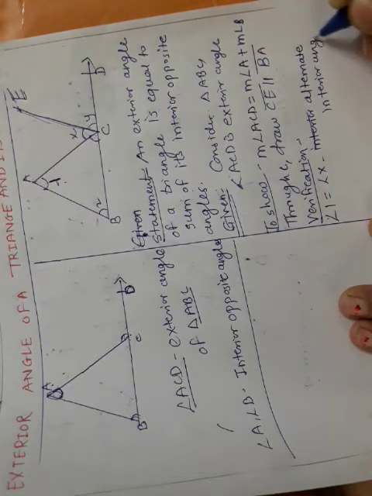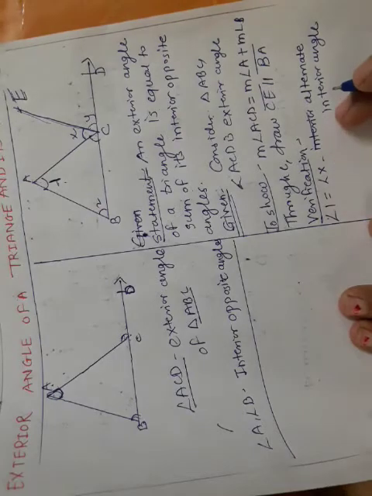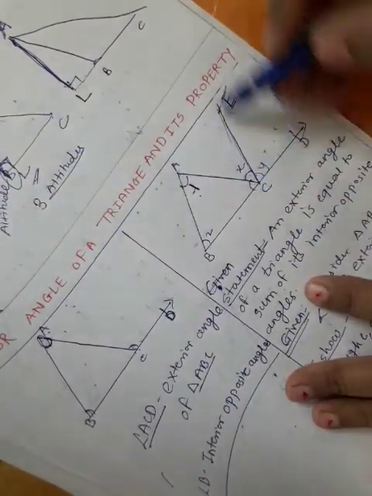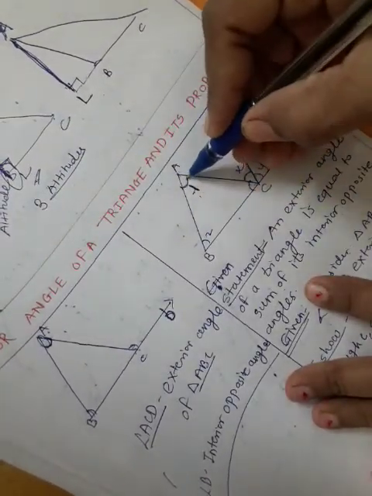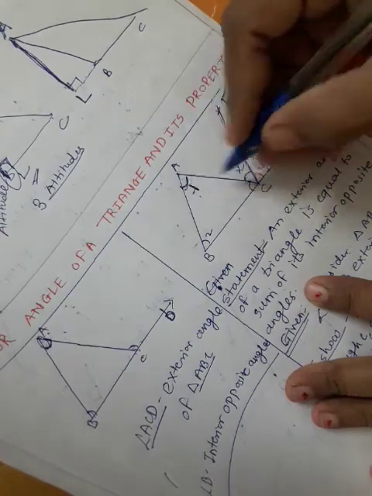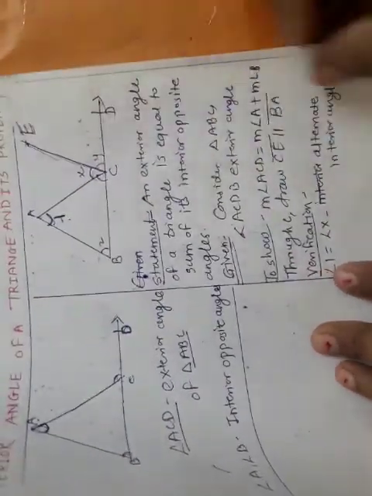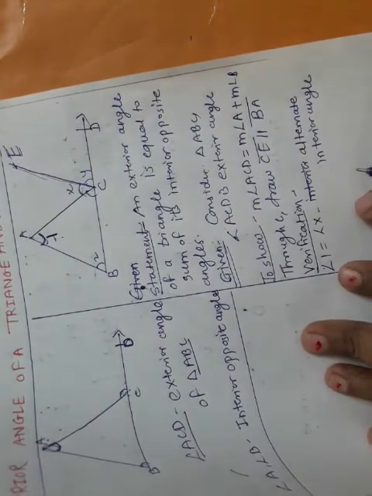See, these are parallel lines, and these are alternate interior angles. Alternate interior angles are equal.